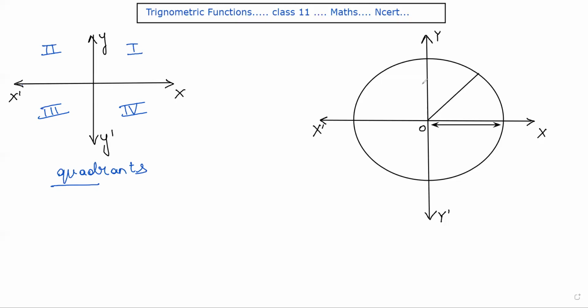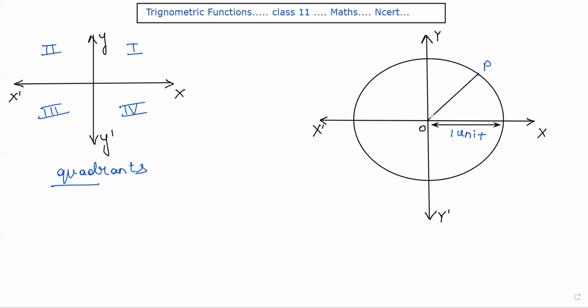Now, let's consider a circle with unit radius. Unit means unit length. It can be anything from meter, centimeter, any length of any unit of measure. Let's consider P to be any point in the first quadrant lying on this unit circle.